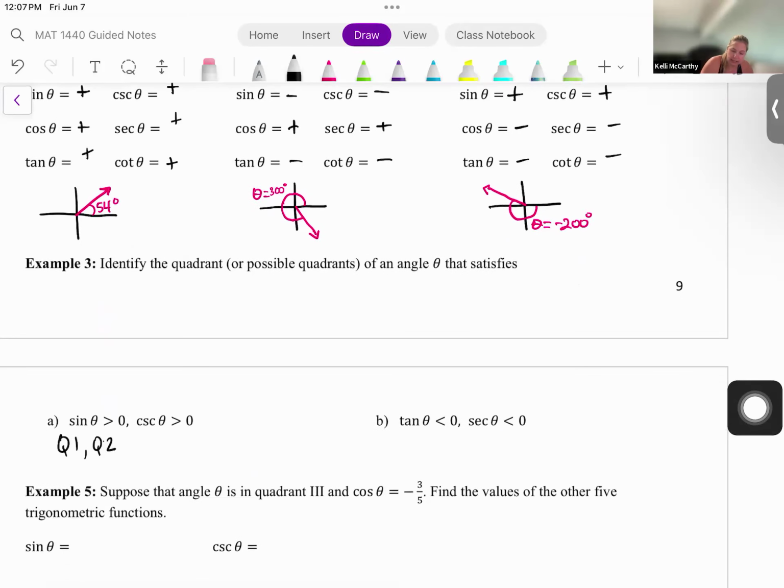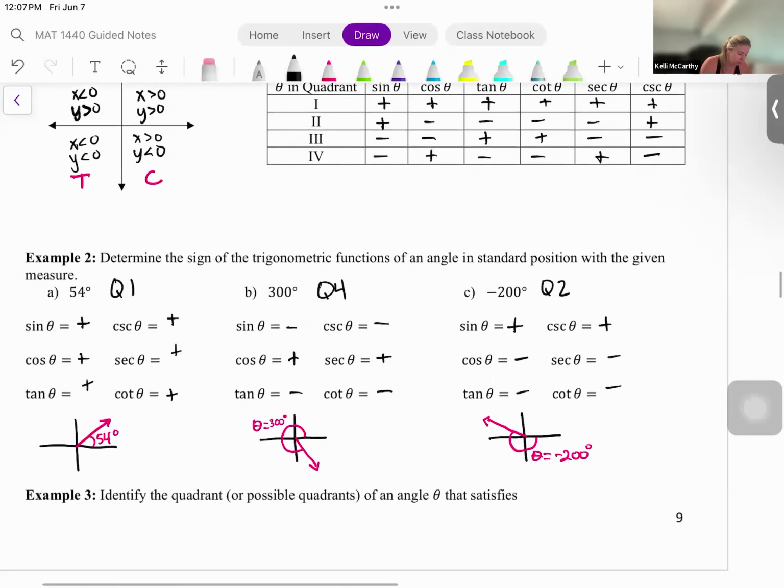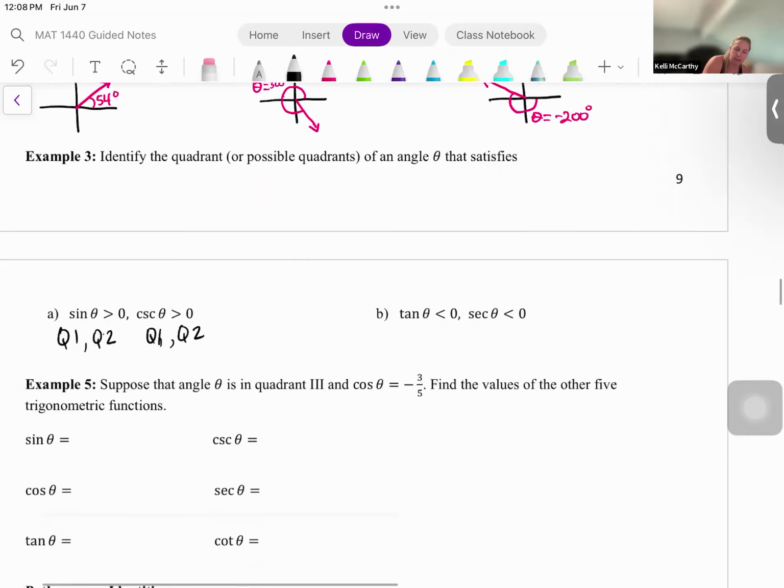And then cosecant is positive in quadrant 1, and cosecant being the reciprocal of sine is also positive in quadrant 2. So Q1 and Q2. The overlap, having both of these satisfied, does occur at Q1 and Q2. So in quadrants 1 and 2, we see that we've got positive sine and positive cosecant.